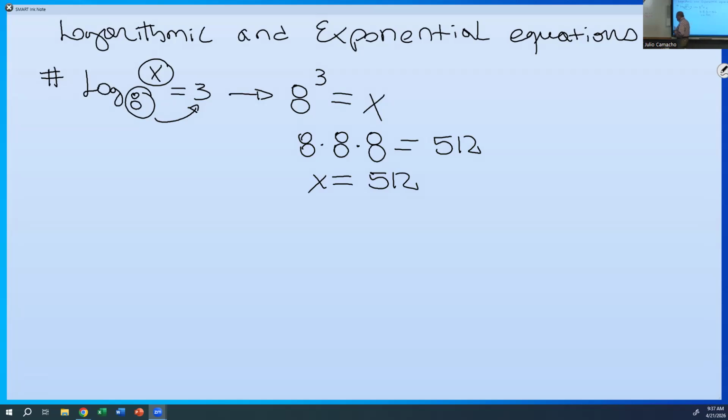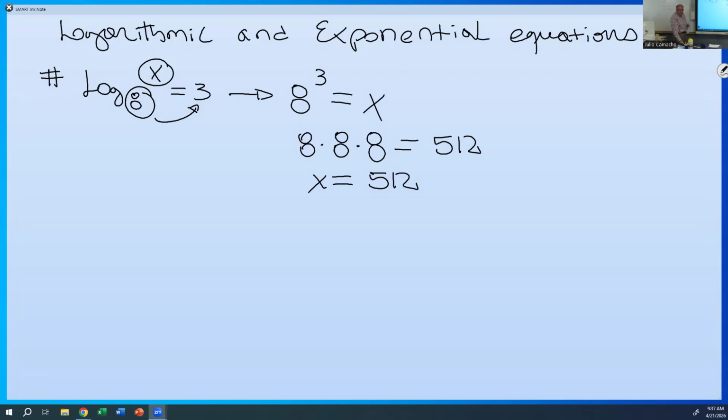So what you always have to do is go from logarithmic to exponential and solve for the variable. Sometimes x can be the exponent, sometimes x can be the answer, or sometimes x can be the base.